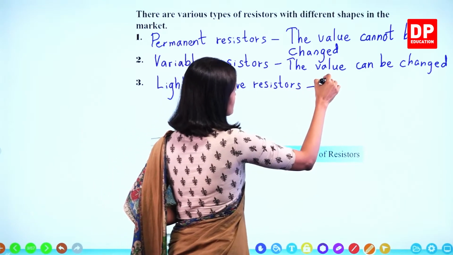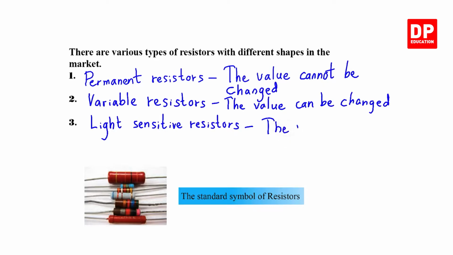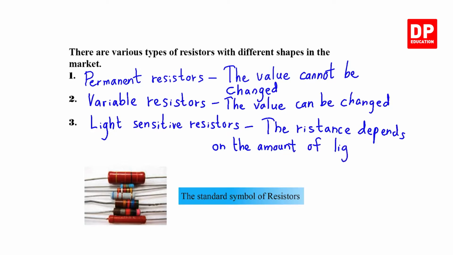The resistance depends on the amount of light falls on the resistor.